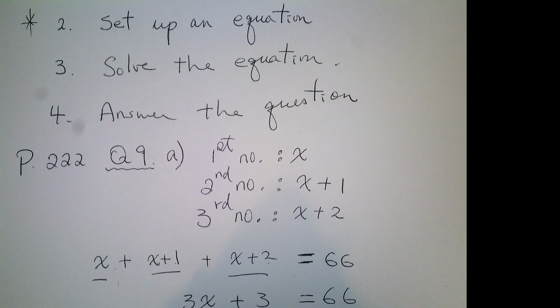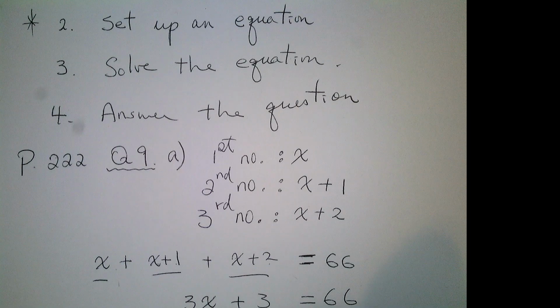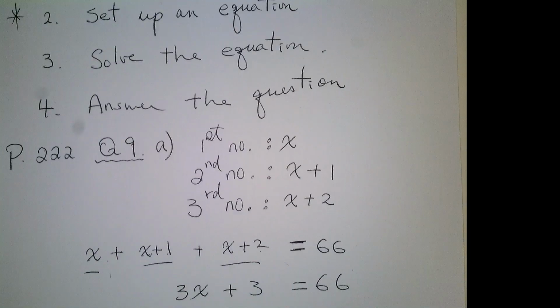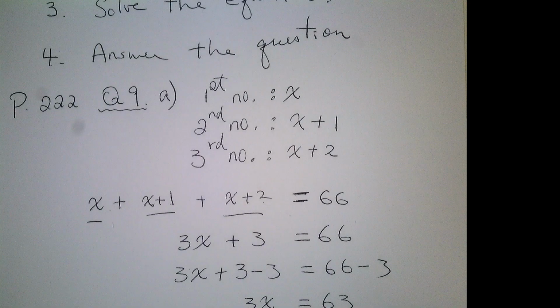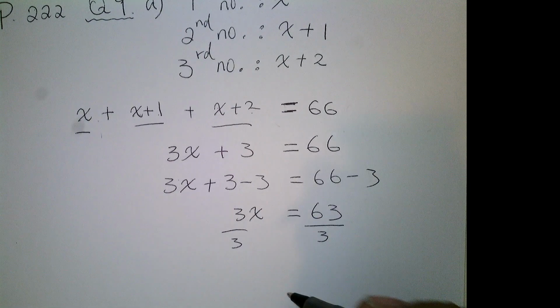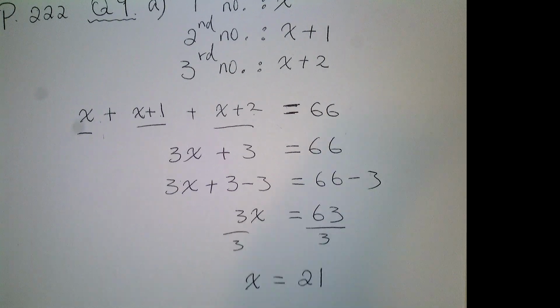So that is just a review of the 2 step equation. And both sides divide by 3. And so you have x equal to 21.